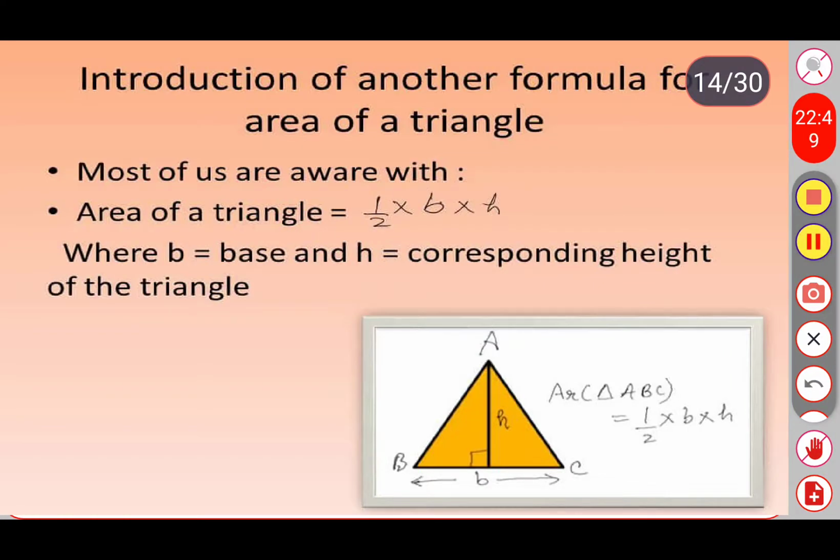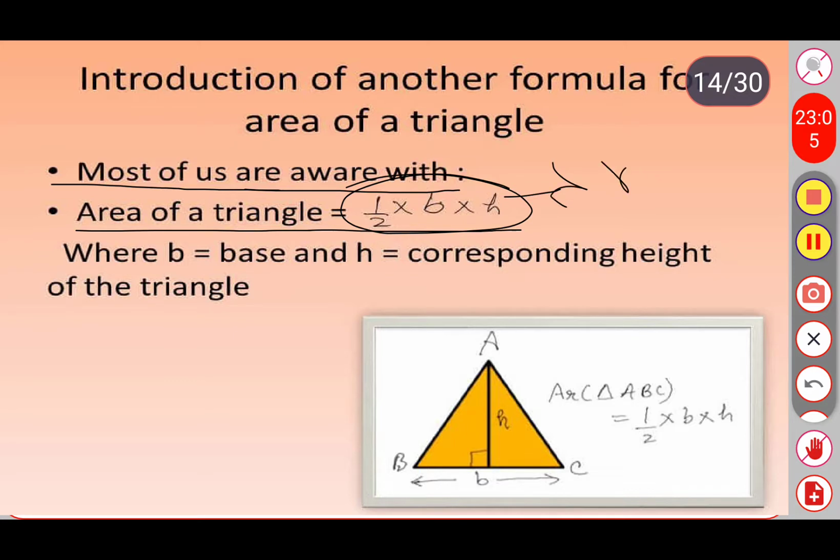For right angle triangles, we already discussed this one. Most of us are aware of the area of a triangle, which is equal to half into base into height. This formula is only applicable for right angle triangles.